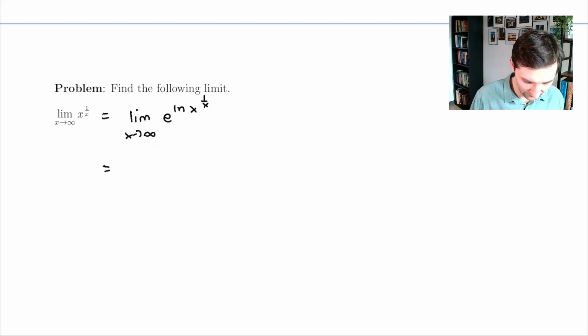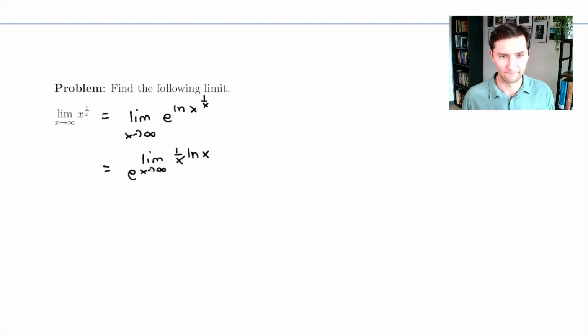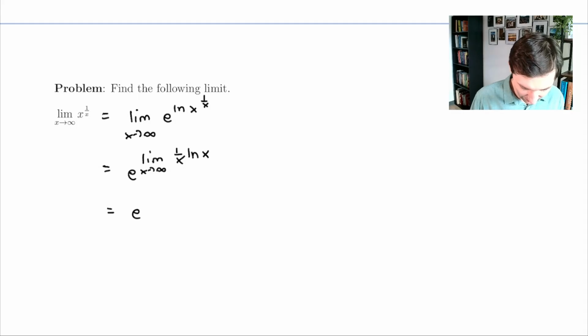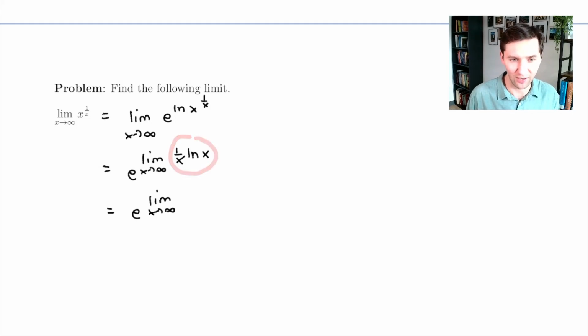And I will get e to the limit as x goes to infinity of 1 over x ln of x. Now, I think I can compute this. I get e to the limit as x goes to infinity, and let me rewrite this so that you see what I can do here. I can write it as ln of x divided by x.